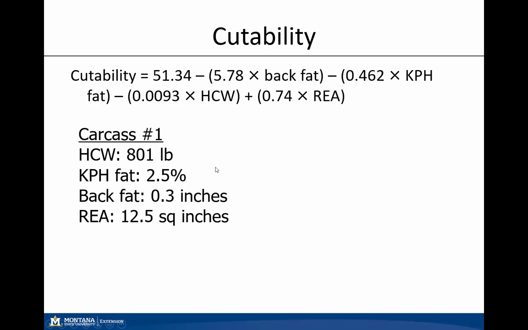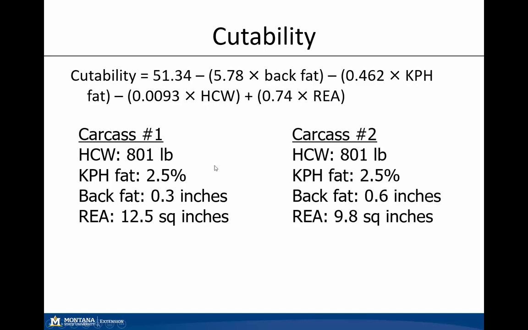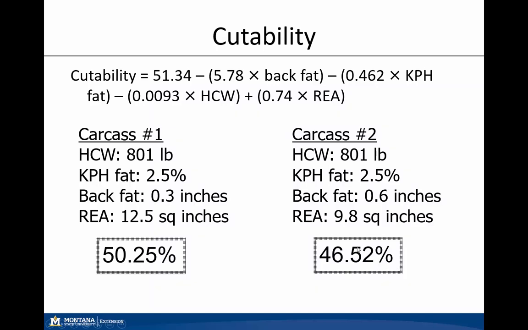So we're going to look at those same carcasses that we did in the yield grade example. So this just gives us another estimation of boneless, closely trimmed retail cuts, or how much actual meat product we are going to receive from each carcass. So carcass 1, 50.25%. In carcass 2, 46.52%.